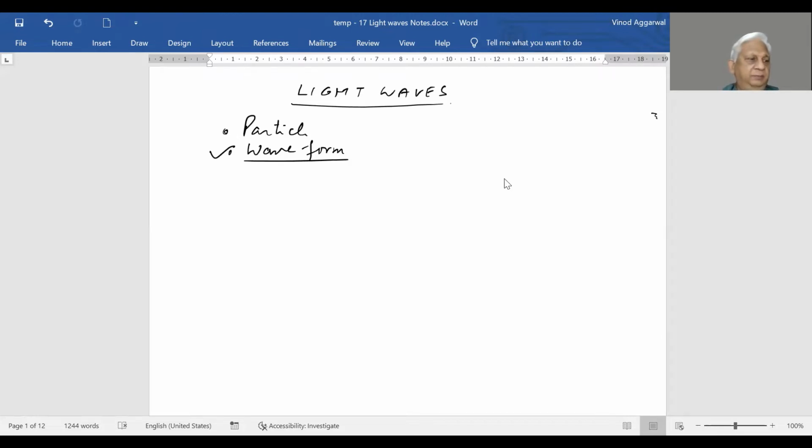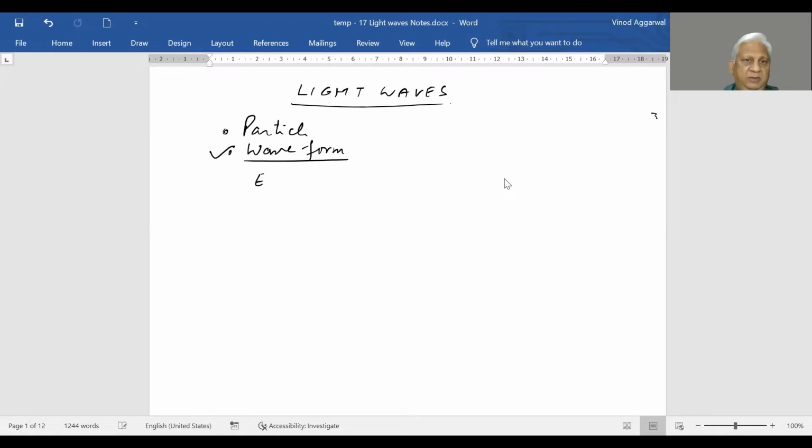We have seen wave behavior in case of sound and motion of strings. Light waves behave very similar to that.